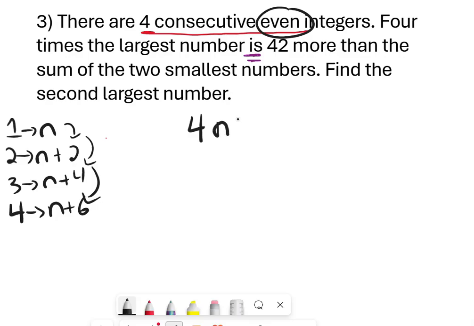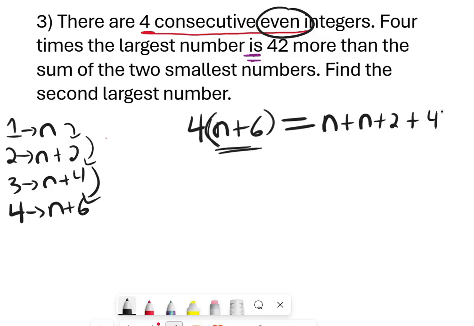The largest number is n plus 6, but we have to put that in parentheses to show we're multiplying 4 by that entire number. And that is, so there's the equal sign, 42 more than the sum of the 2 smallest numbers. Well, the sum of the 2 smallest numbers would be represented by this, and we have 42 more than that.